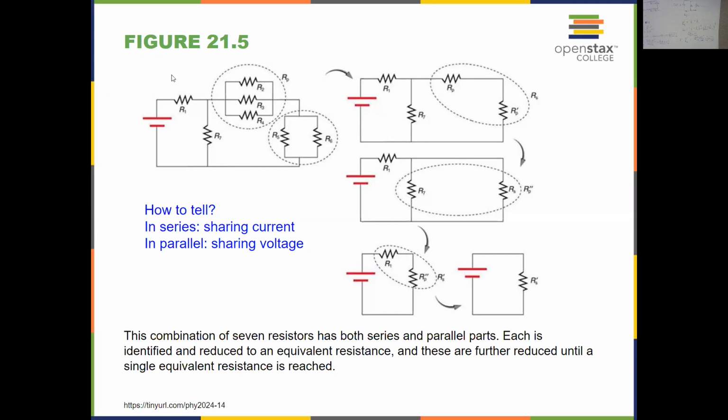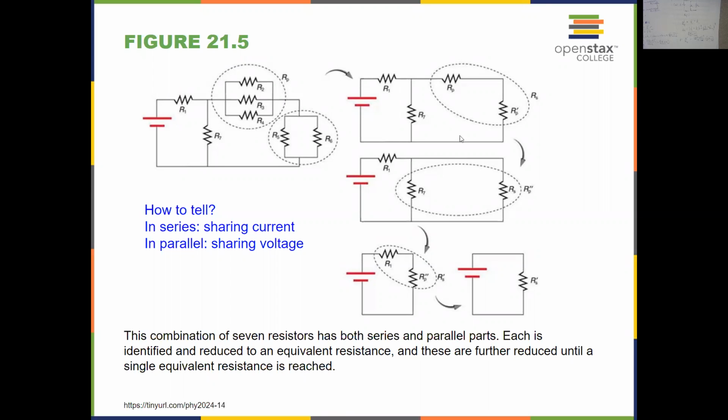For example, in this one, you might identify that those three are in parallel to each other, so you can replace those three with an equivalent resistor called RP here. These three are replaced by RP. Then these two are in parallel again, and they can be replaced by an RP prime. The complicated circuit becomes a little less complicated.